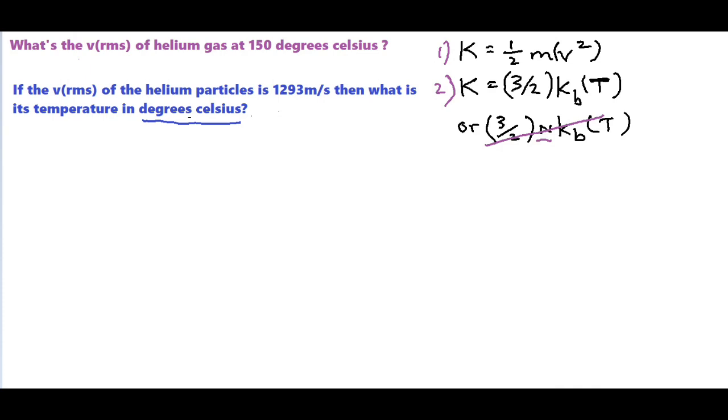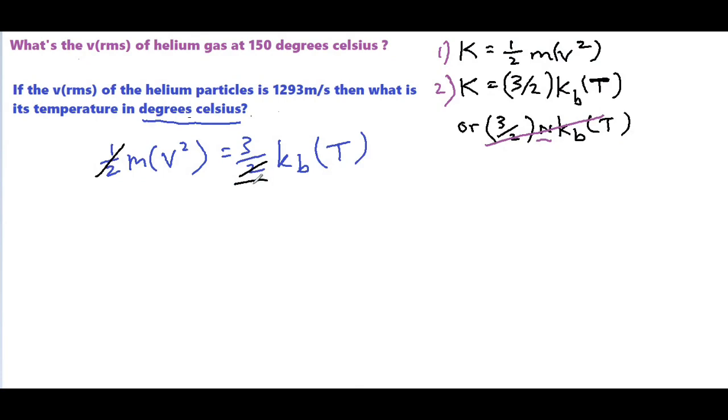So for this one, we are still going to use both formulas. We still have 1/2 m v squared equal to 3/2 kT. As we did last time, we can do a bit of canceling, multiply both sides by 2, except this time we want to scoot other things around.